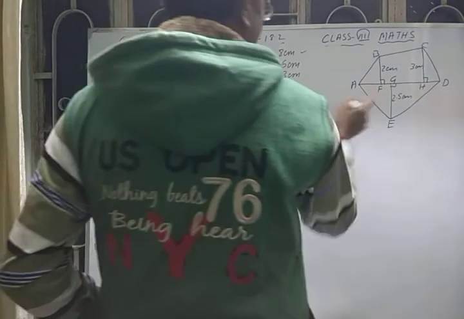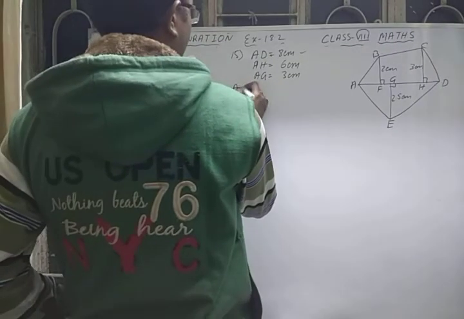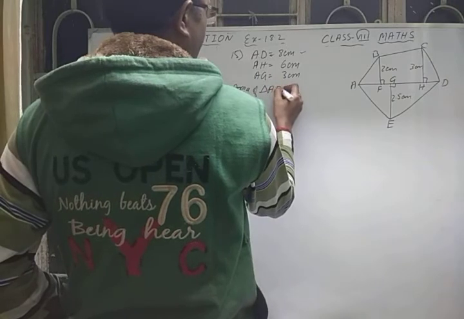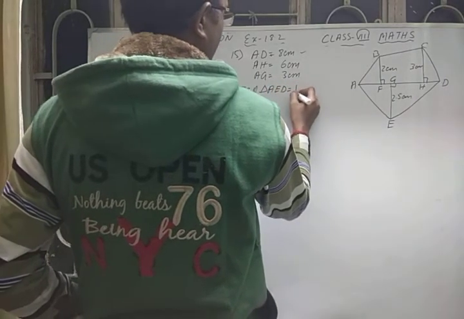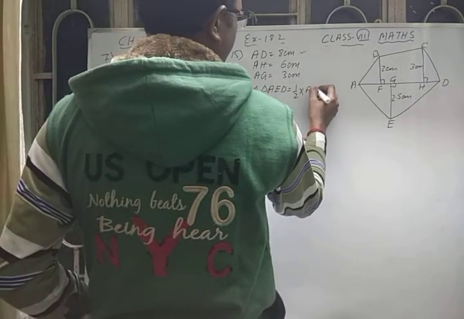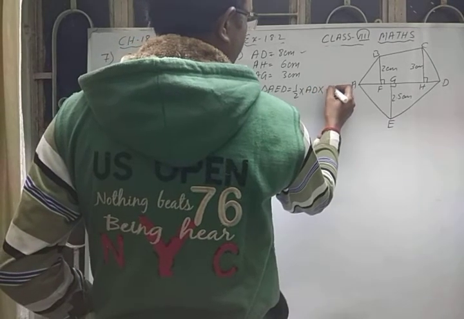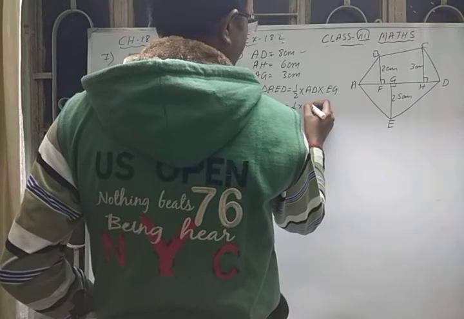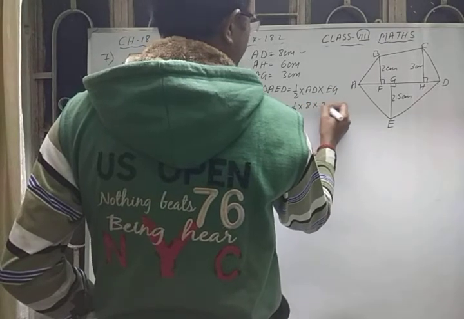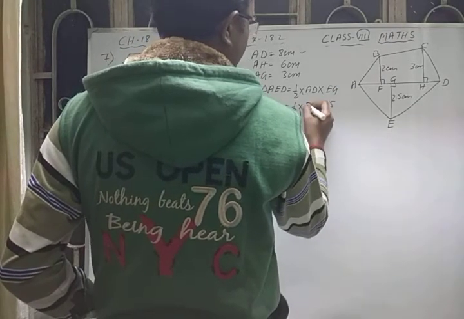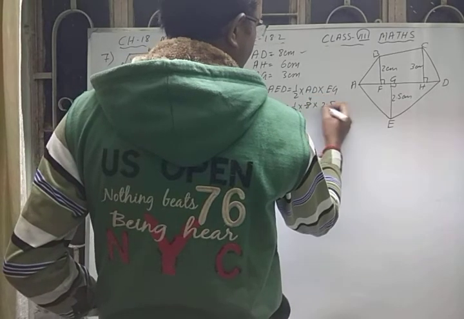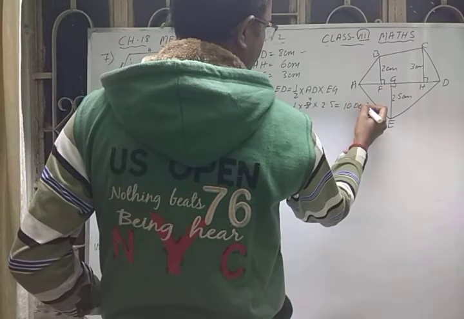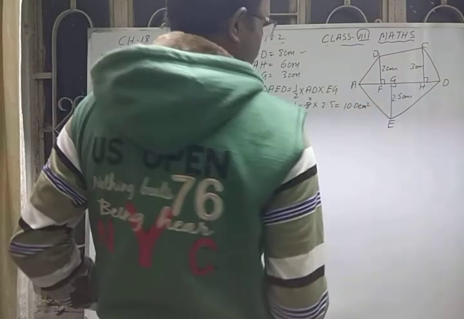So first of all we will find the area of triangle AED, that is equal to half into base AD and the height EG. So half into AD is 8 centimeter and it is 2.5. So 2 4s are 8. So it will be 10.0 centimeter square. It is 10 centimeter square.